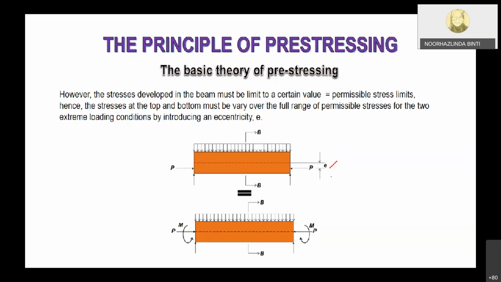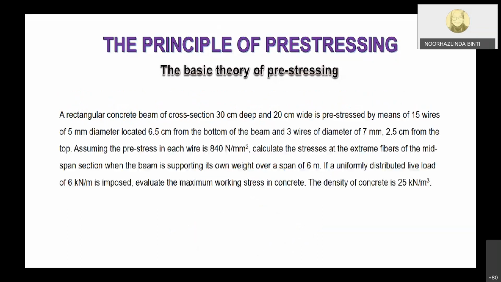So later in chapter 2, we look at that in detail. Today you just understand the basic concept in pre-stressing. Okay. I have this question actually. I hope we can go through, but I'm not going to solve this one today because I think better we solve it in chapter 2 later on.